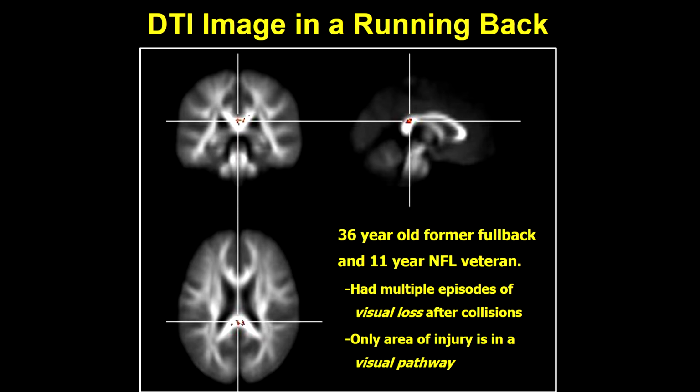He had multiple episodes of visual loss after collisions, and the only area of injury that we found in this individual was in an area of the brain called the splenium of the corpus callosum, which is interesting and correlates nicely with him because the splenium carries visual fibers that go from one visual cortex to the other.